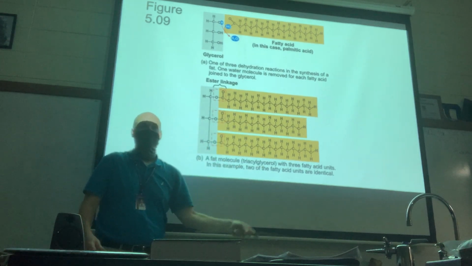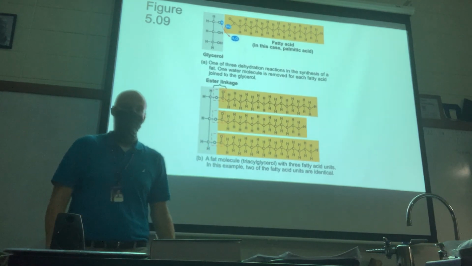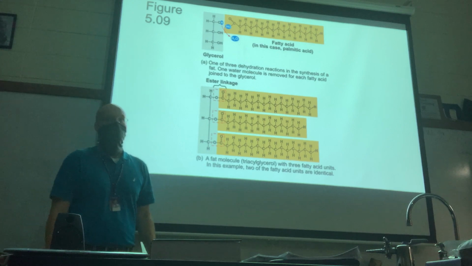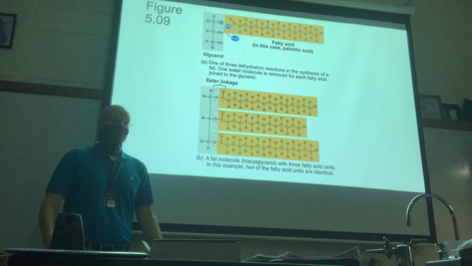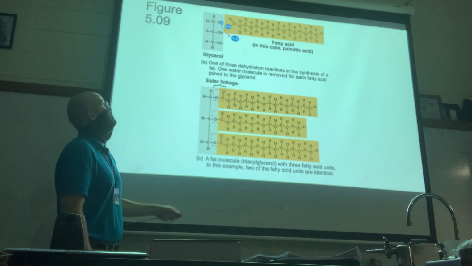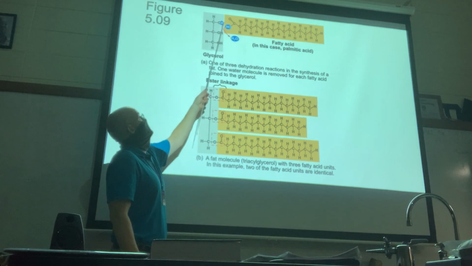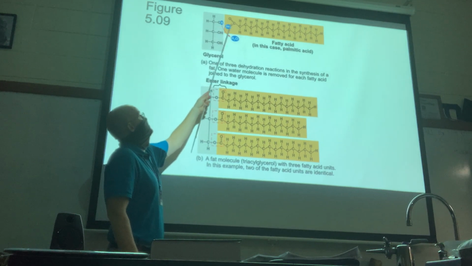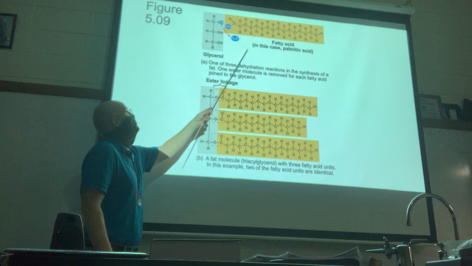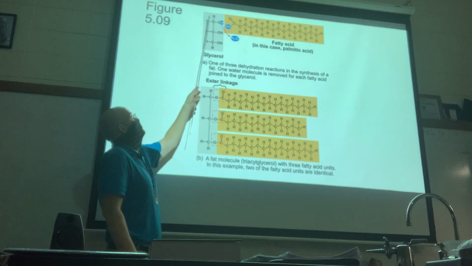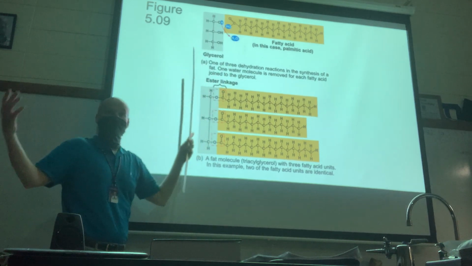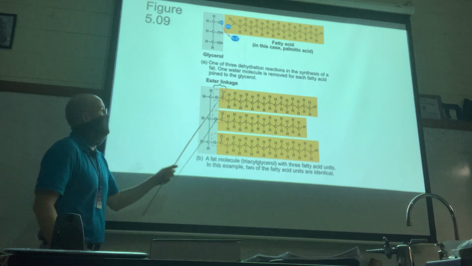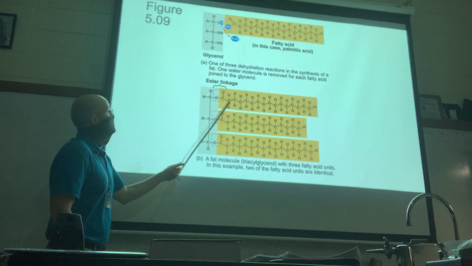And how are we getting the fatty acid to stick onto the glycerol? Water. We remove water. It's a dehydration reaction. You just take out an H and an OH, remove the water. That creates an availability to make a new bond, which we can see here.